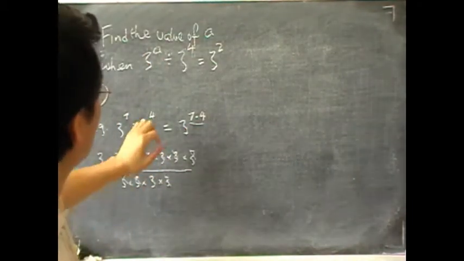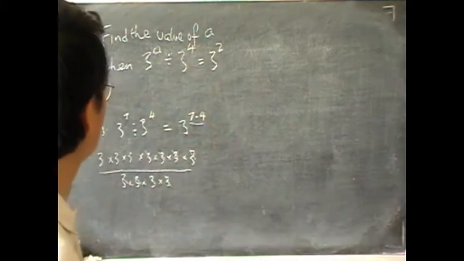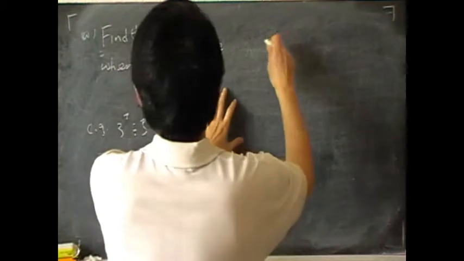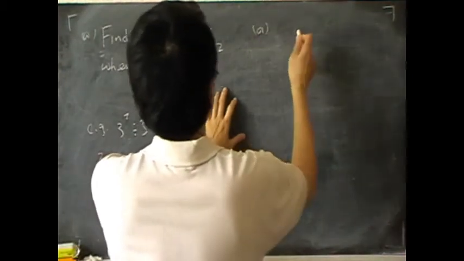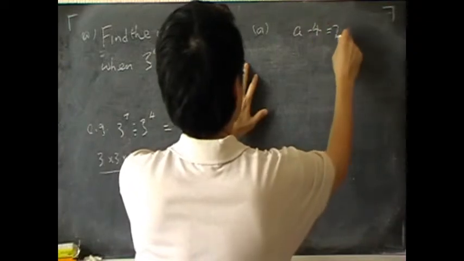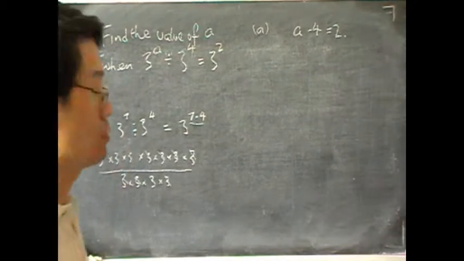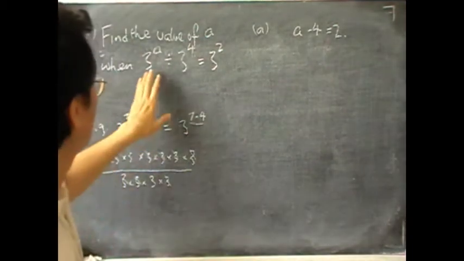So let's write down that a minus 4 is equal to 2. So that's what we get from our understanding of powers.